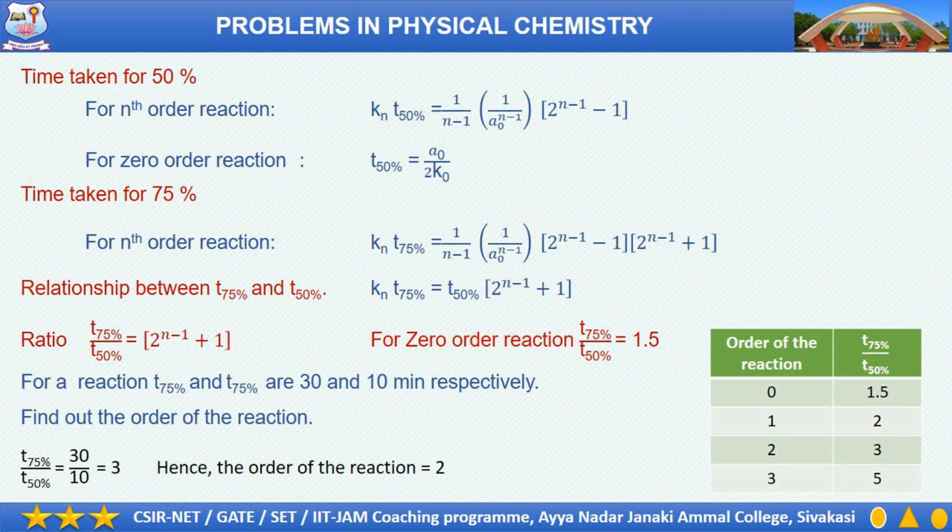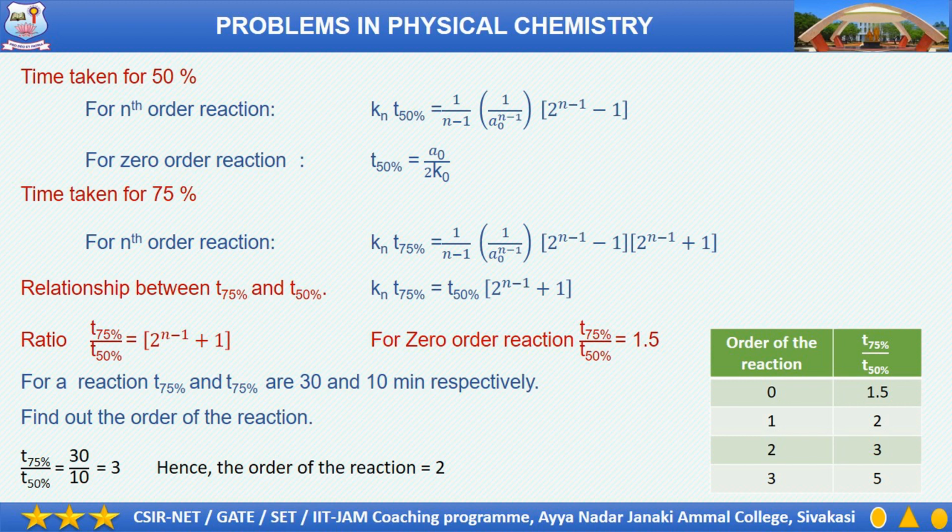We will go for the next, second order. Substitute the value and find out the ratio of 75% to 50% conversion. The value is 3. Therefore, it is a second order.